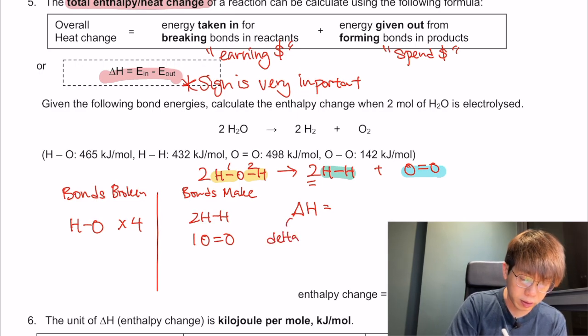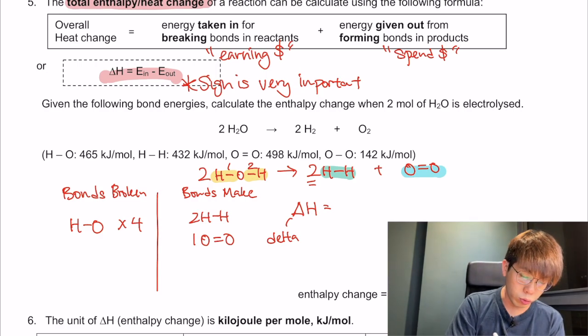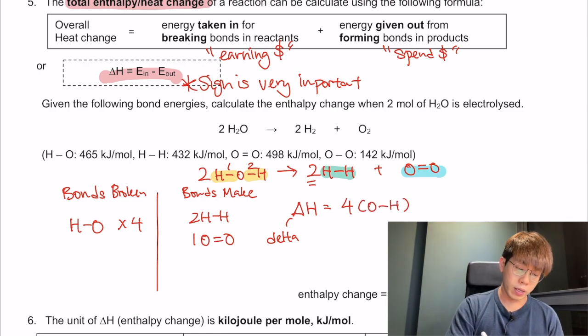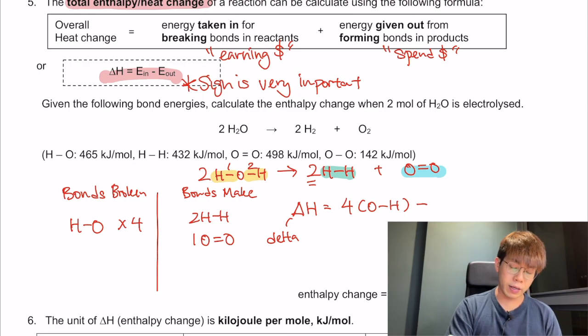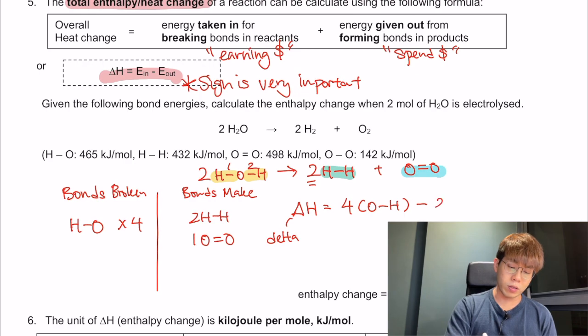Delta H is equal to me breaking 4 O-H bonds, and then what I made was 2 H-H bonds, and then I also made 1 O=O bond.